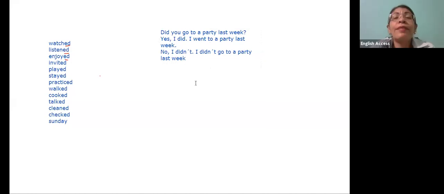Okay, so this is my example. First, we have the question, did you go to a party last week? Pay attention. This is a question in simple past. We are beginning the question with this auxiliary, did. So the verb is in simple form, but with the auxiliary did, we are saying that the question is in past.